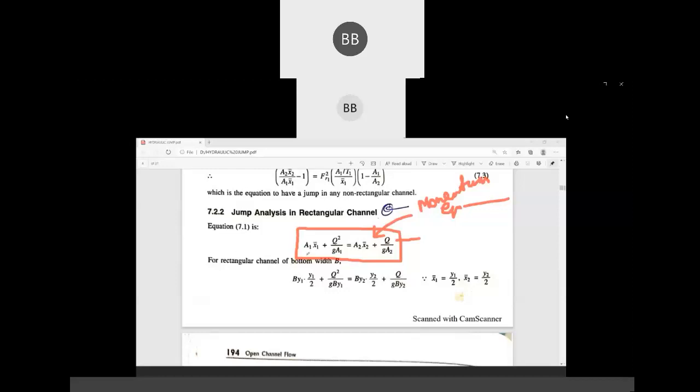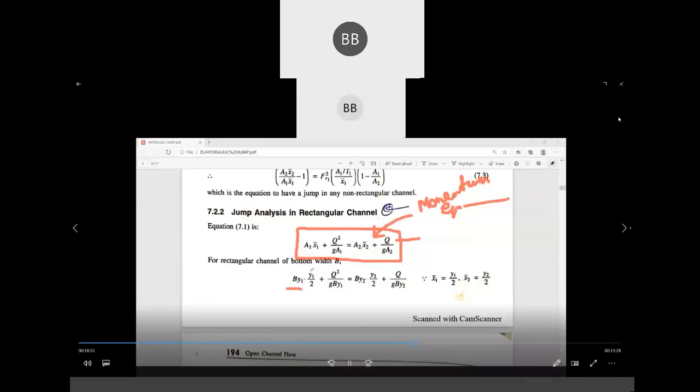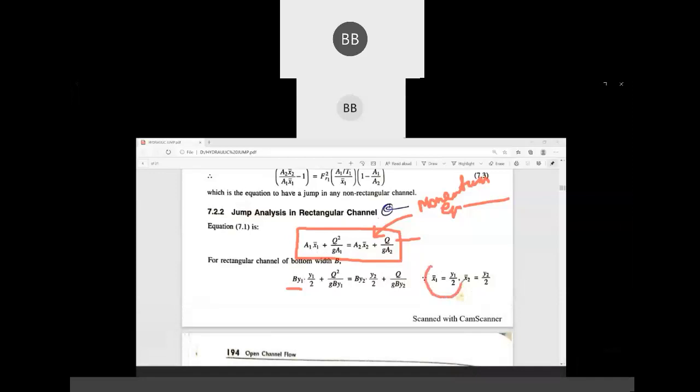Now here, area 1. For a rectangular channel, area is b into y, so A1 is b into y1, and x bar is nothing but y1 by 2.